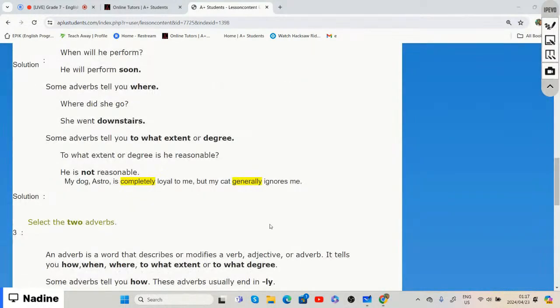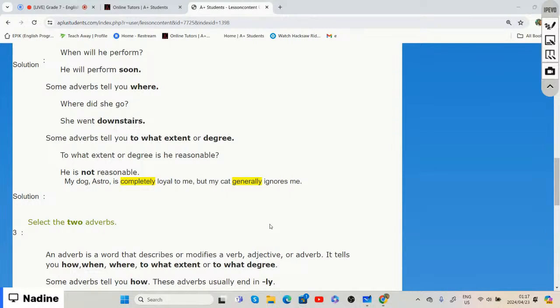All right, if we look at these two sentences, it says, my dog Astro is completely loyal to me, but my cat generally ignores me. So in this case, our adverbs are completely, it's in yellow, and generally, right?